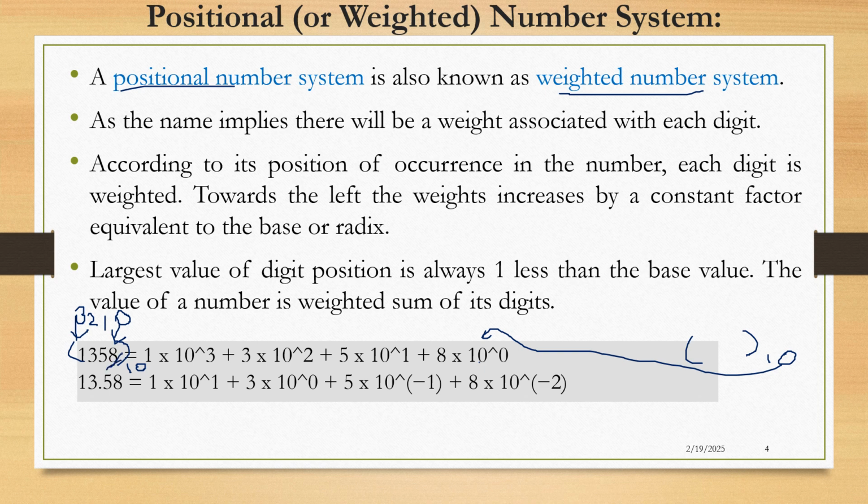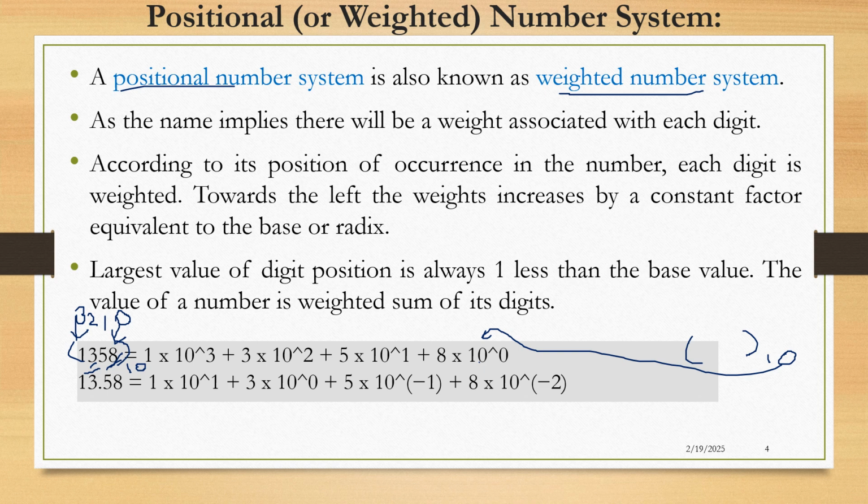So 8 is multiplied by 10 to the power 0. Then 5 is multiplied by 10 to the power 1. The 3 is multiplied by 10 to the power 2, and 1 is multiplied by 10 to the power 3.